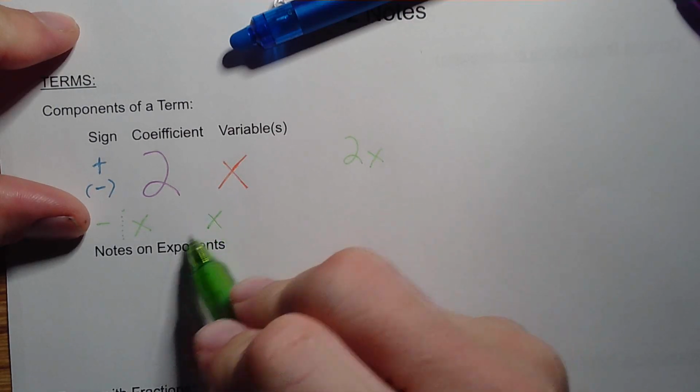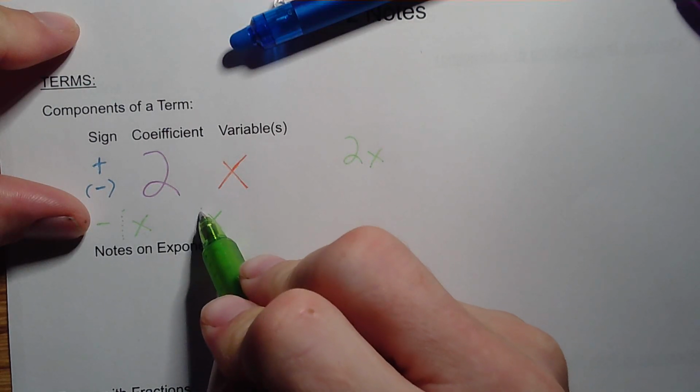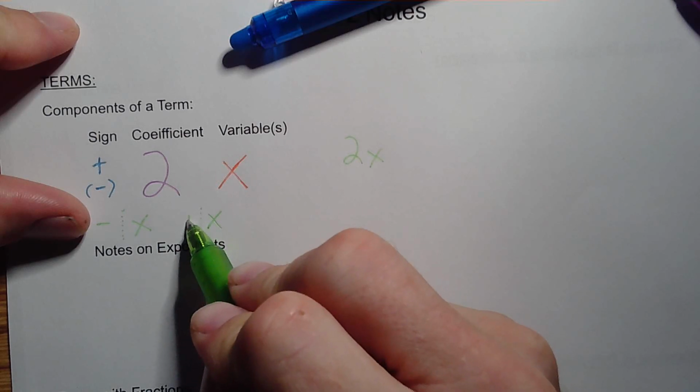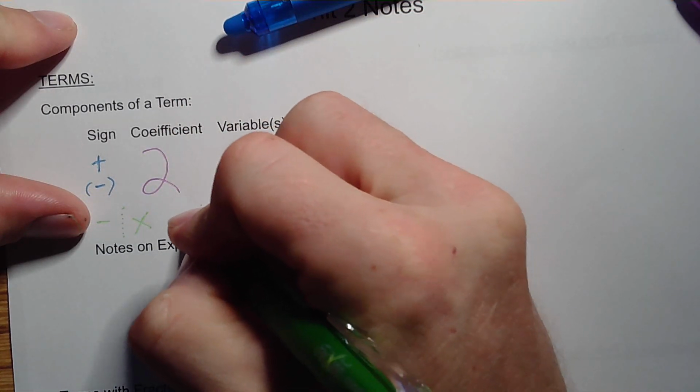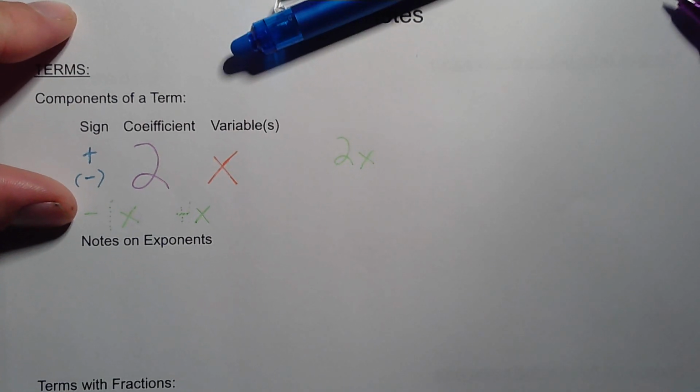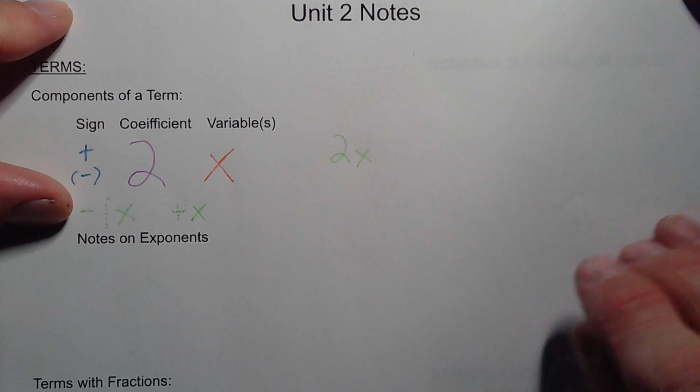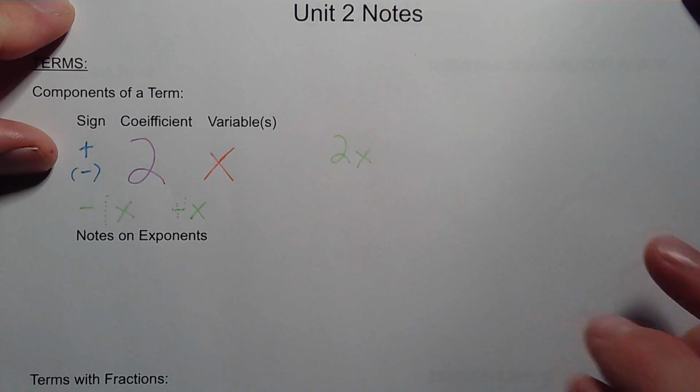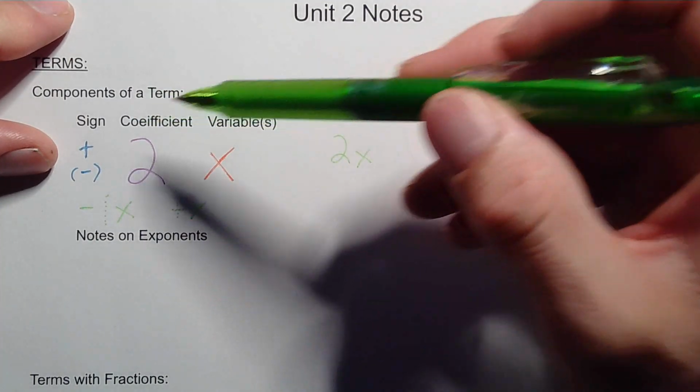And then the coefficient of this is still 1, and the sign of this is positive, an invisible positive. Okay, if it is the leading coefficient, if it is the leading term of an expression. Okay, so that is some things about coefficient terms.